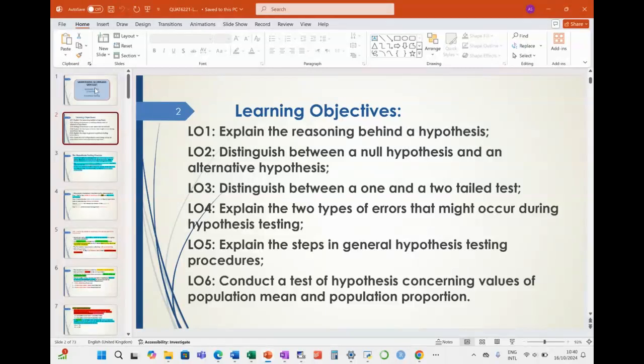Then conduct a test of hypothesis concerning values of population mean and population proportion. So again, we're dealing with a situation where we're looking either at population proportion or at mean. You'll see that learning units 6, 7, and 8 are quite connected. So if you have a good foundation in the previous 2 units, here you'll be fine, okay?